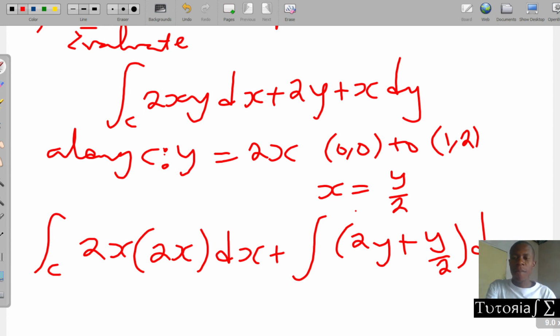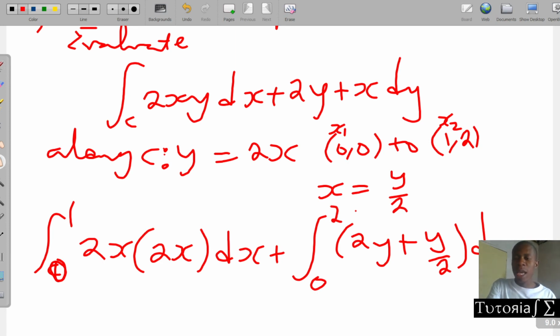Where there is dx, we need to use the limits for x. These are the limits for x, your x1 and x2. The starting point x1 starts at 0 and ends at 1. Then where there is dy, you use the limits for y, which is 0 to 2, so y starts from 0 to 2.